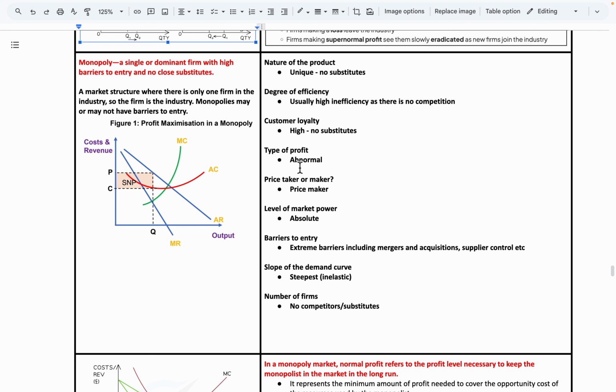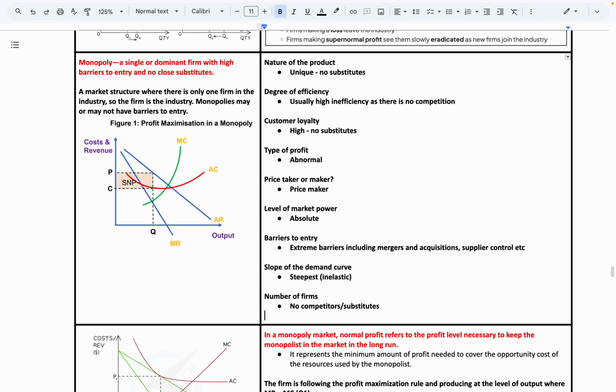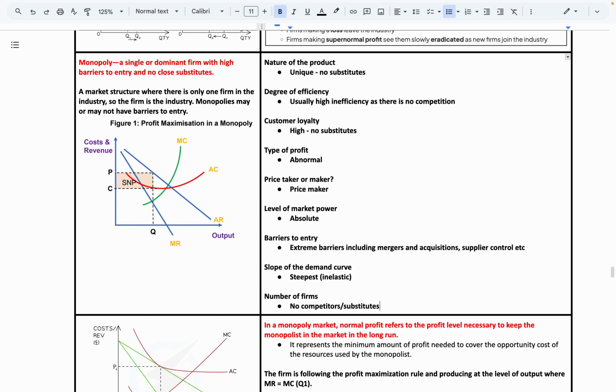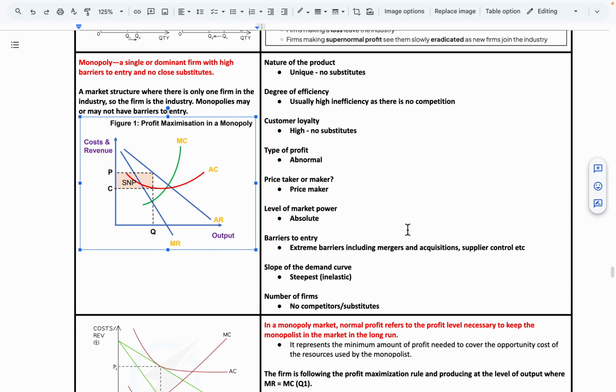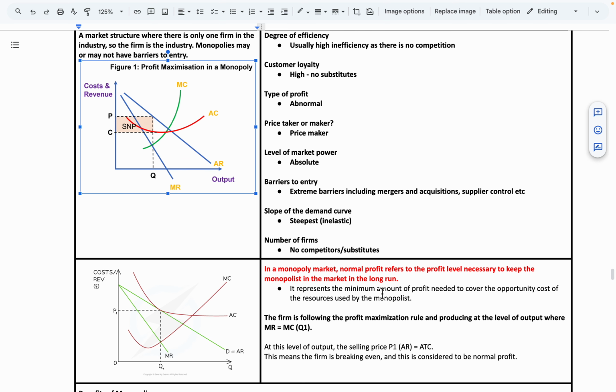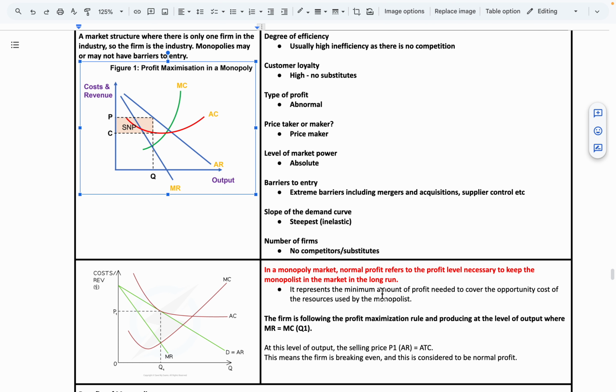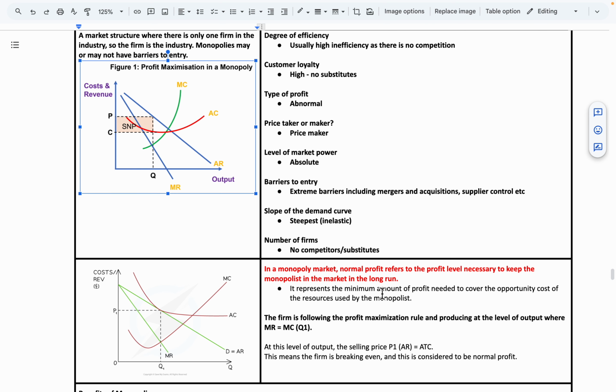Level of market power: absolute. Barriers to entry: extreme, because they have so much power to stop people from entering. Slope of the demand curve is steepest, it is inelastic. Number of firms: no competitors, no substitutes, well, at least no super close substitutes.